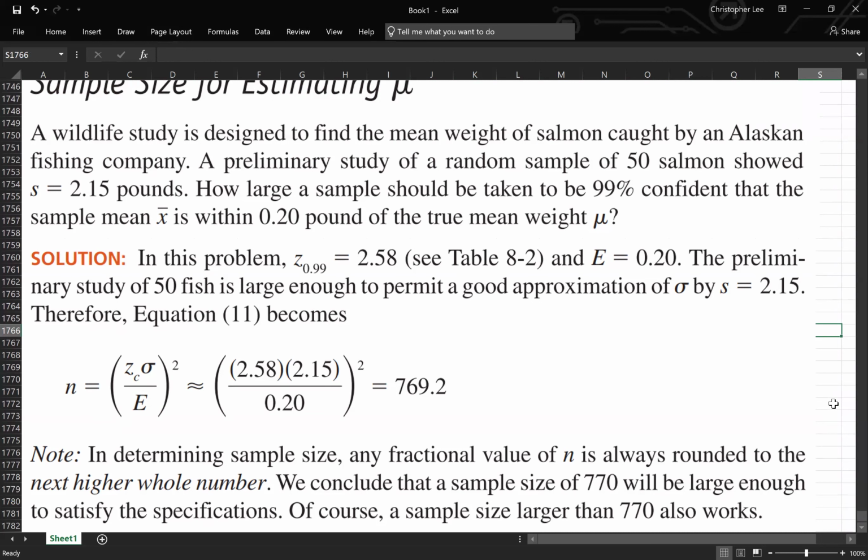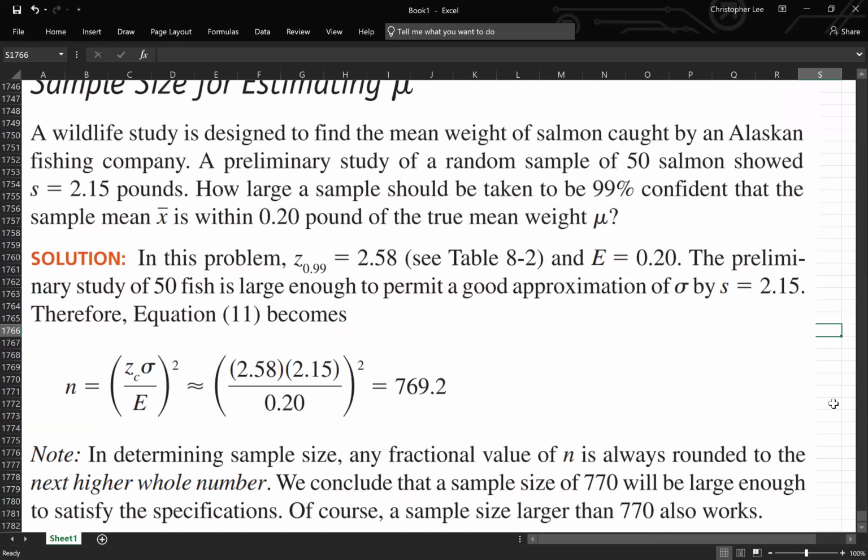And our margin of error that we want is 0.2. The preliminary study of 50 fish is large enough to permit a good approximation for sigma by the sample standard deviation being 2.15. Therefore, we're going to use this equation right here.